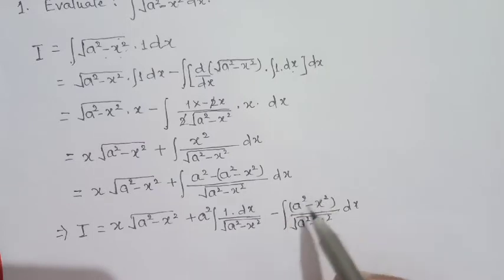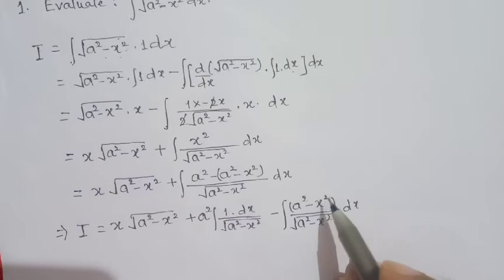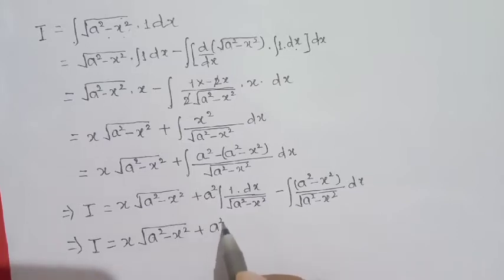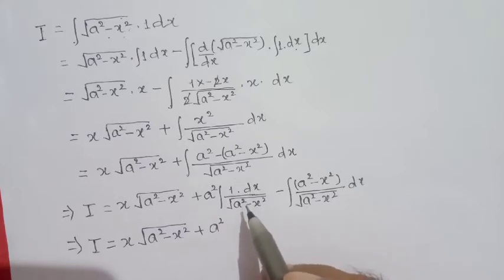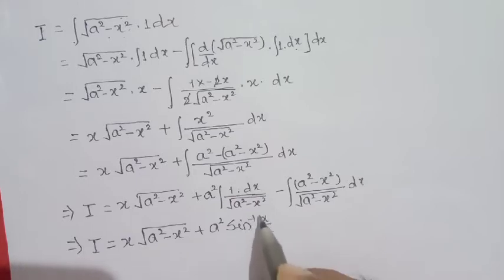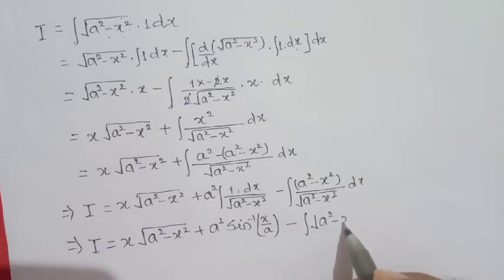Root a square minus x square will be in the numerator, so I should be written as x into under root a square minus x square plus a square, and this is in the form of the formula of sine inverse x by a, so I write this one as sine inverse x by a, and minus, it should be root a square minus x square after cancellation.